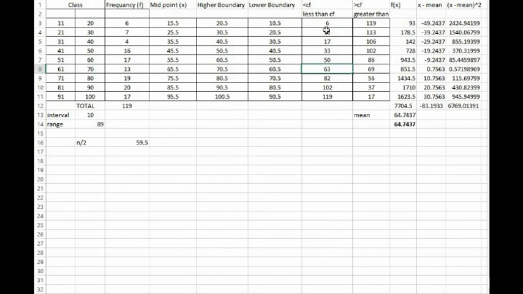Tandaan, kapag tumitingin tayo ng lower, ng n over 2, better na sobra siya kaysa kulang. Kahit ang nasa less than CF is 59, hindi natin pwedeng gamitin si 59 kasi kulang pa rin siya ng 0.5. So, kung ang susunod sa 59, halimbawa is 60, 63, so ang gagamitin natin is si 63.